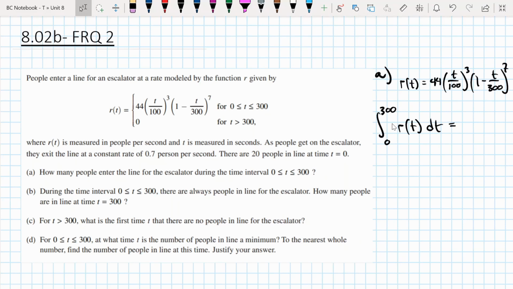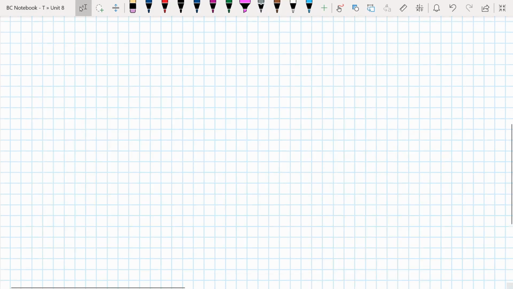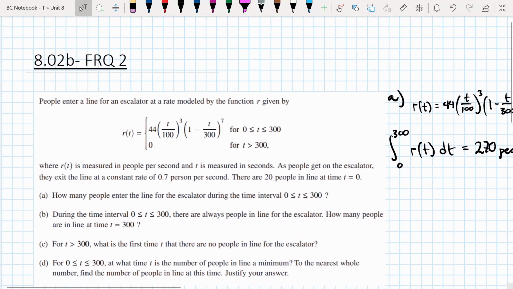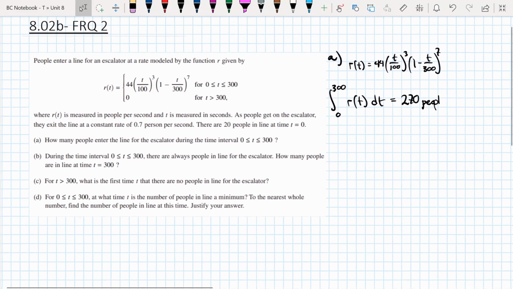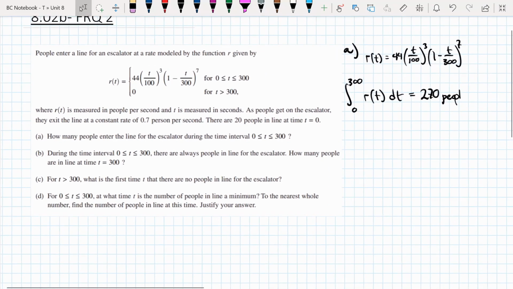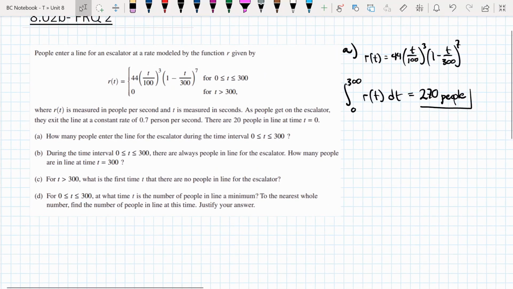All you're going to do is plug this in your calculator. You should get 270 people if you plug it in correctly. And so that's the answer for part A.